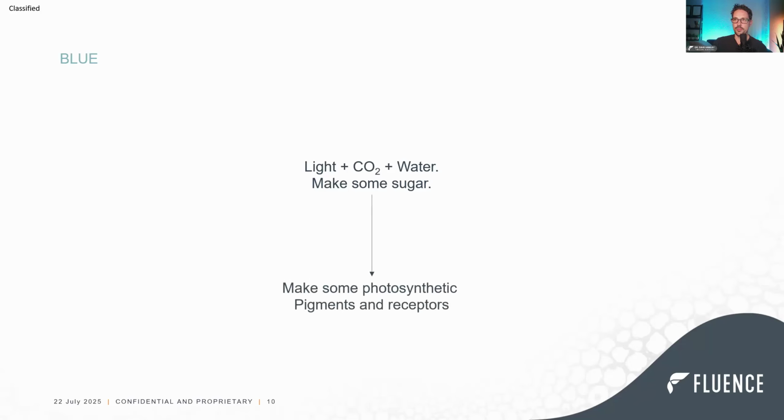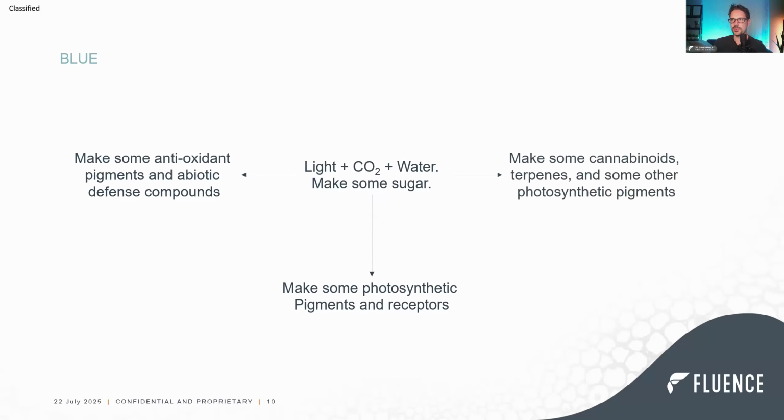From sugar, you can metabolize that sugar into some photosynthetic pigments and some different light receptors. You can go this way and you can make some antioxidant pigments and some things that are involved in the defense of abiotic stresses. Or you can go this way and you can make some cannabinoids and terpenes and a couple of other photosynthetic pigments. All right, that's the simplest way to look at this.